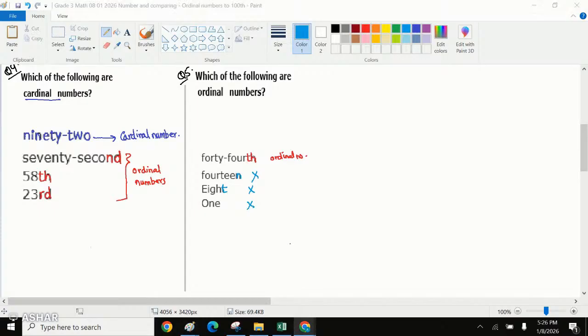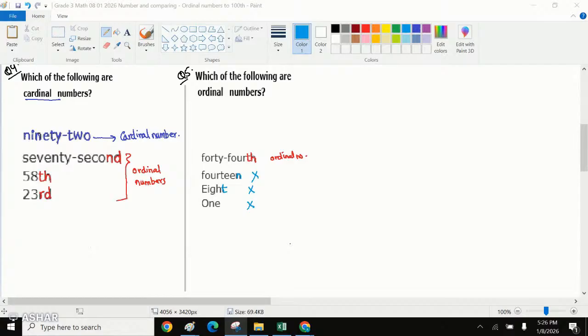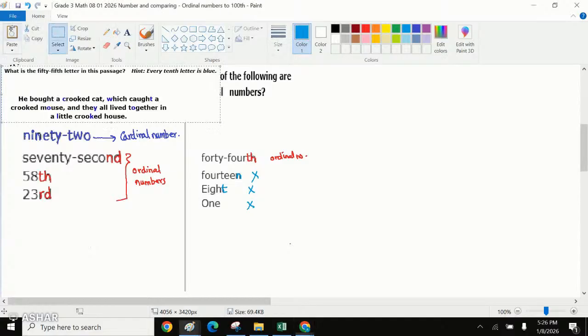We move on to the next question. They're asking what is the 55th letter in this passage. Let's read the passage and find the 55th letter.